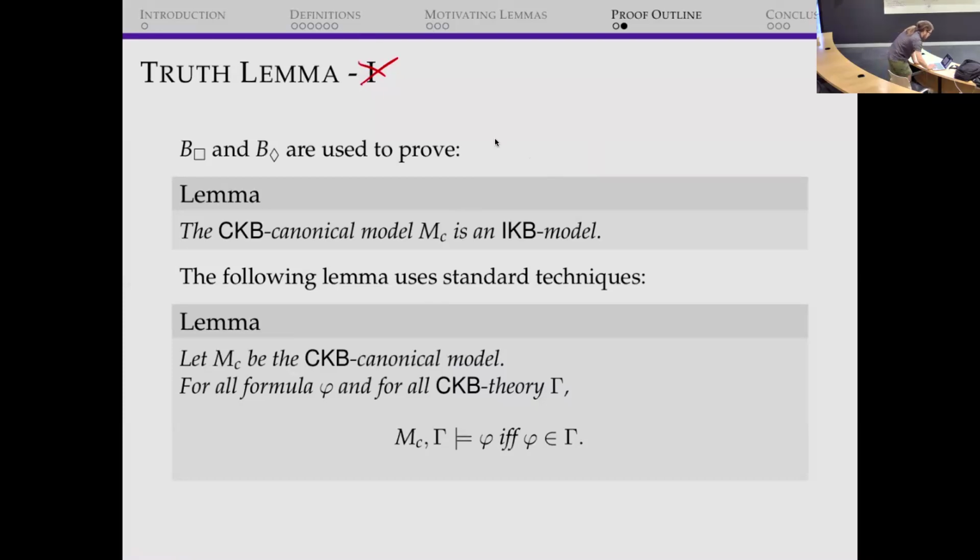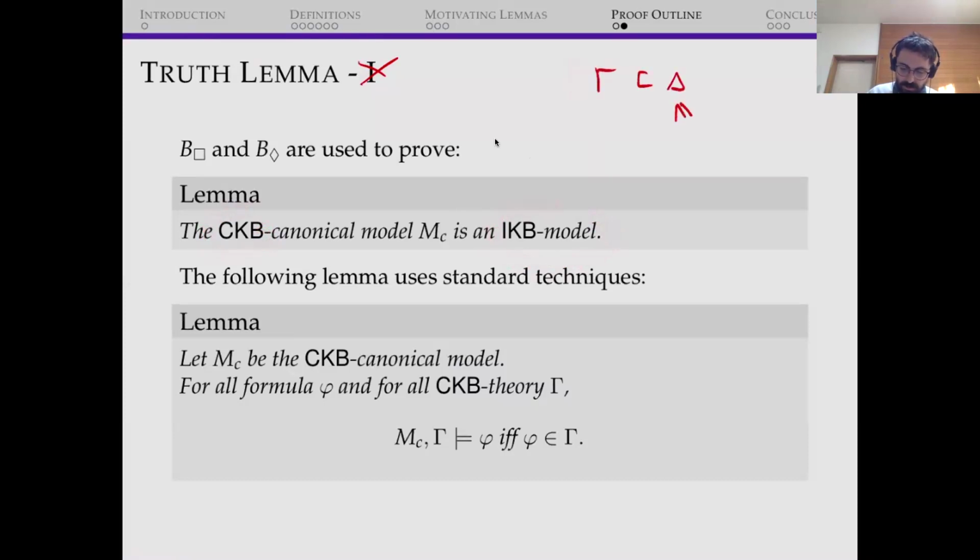So, we use the B axioms to show that the CKB model is an IKB model. This is the actual interesting part of the proof, but it's kind of annoying to show in a presentation. It's just showing that we have words like this. Say from some gamma, you can go to some delta, and you can go to some sigma.